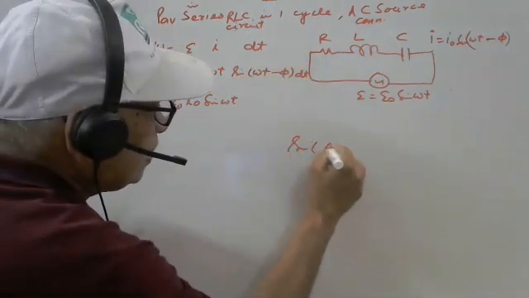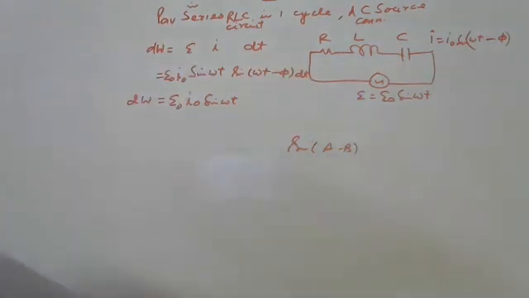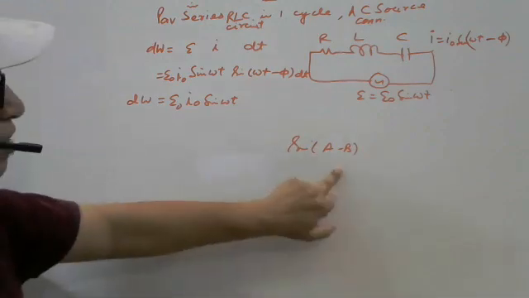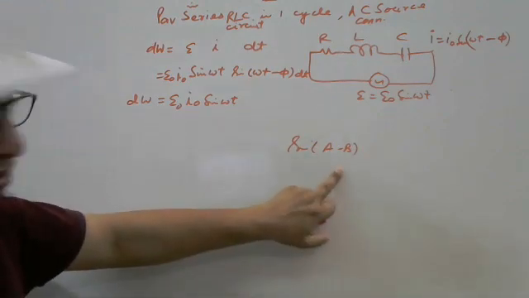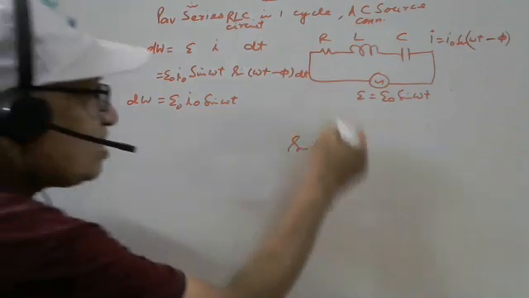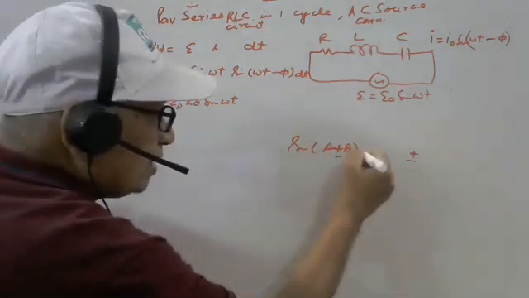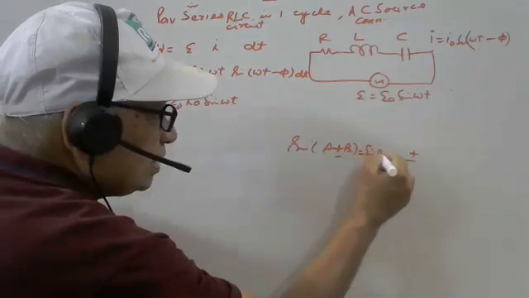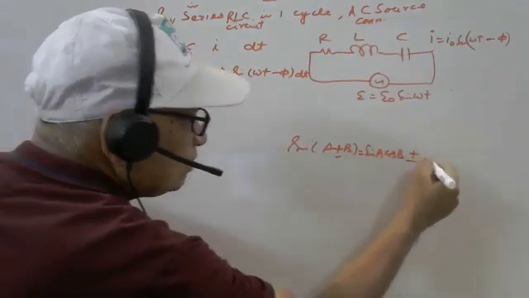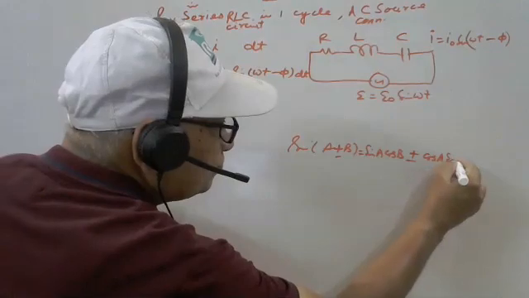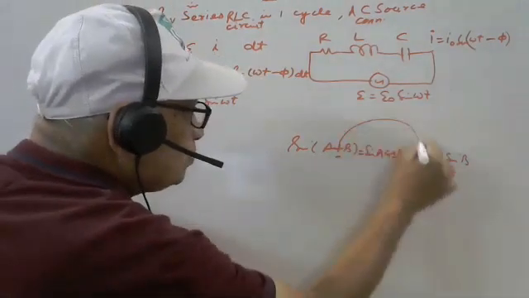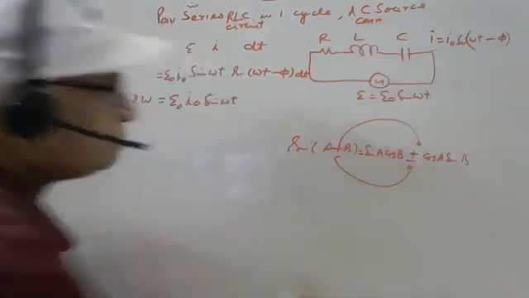sin A minus B equals sin A cos B plus cos A sin B. If it is plus, it comes plus here; if it is minus, it comes minus here. Sin A cos B plus or minus cos A sin B. It means if it is plus, plus sign, if it is minus, minus sign.